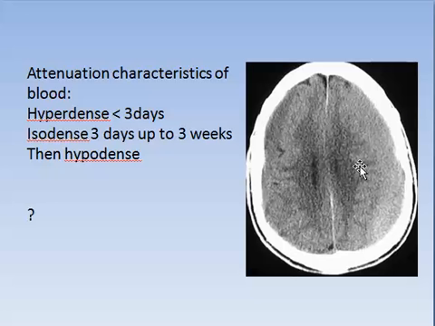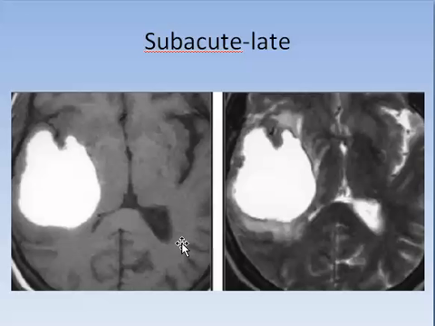So this is bilateral subdural hematoma. One is less than 3 days and the other is more than 3 days; it becomes hypodense. Late subacute hemorrhage appears bright in T1 and T2.